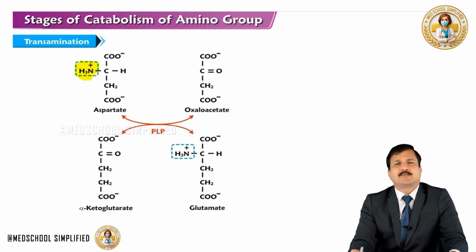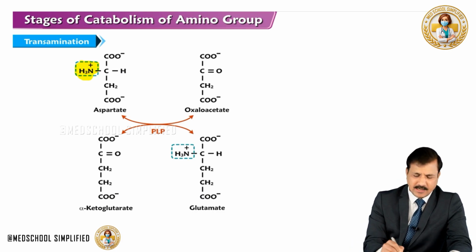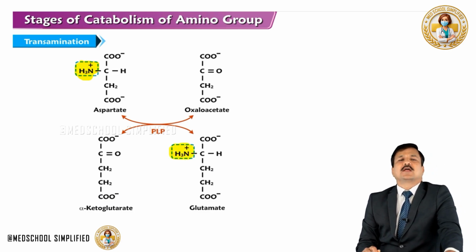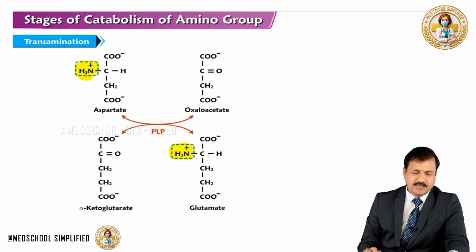By accepting the amino group, α-ketoglutarate will be converted to glutamate, and now your amino group is present in the glutamate. That means the amino group that was there in the aspartate is now present in a glutamate. That's why I have colored it the same color.